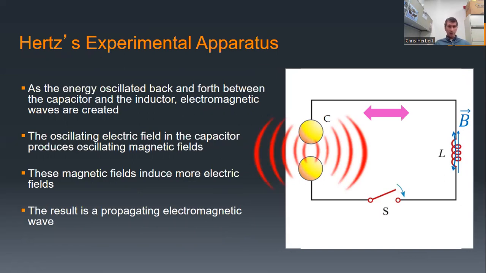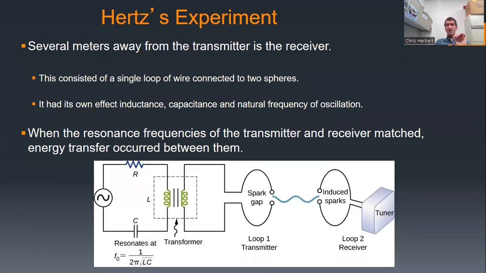So he's generating these very crude waves by opening and closing the switch. And the interesting thing is, this is the transmitter, but he also has a receiver. Now, this is like the first radio.